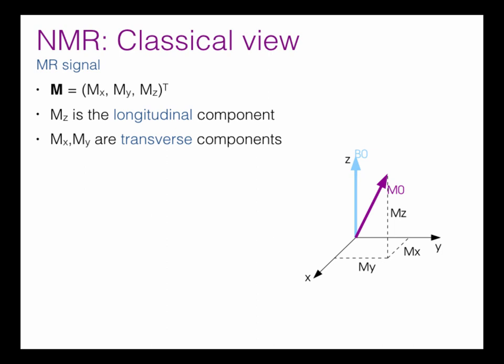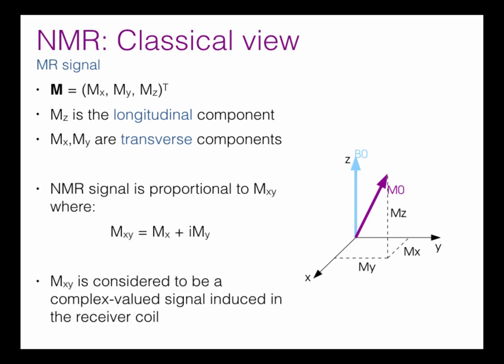Basically what happens is that the x and y components decay back towards zero by a process called T2, and the Mz component returns back to the full length by a process known as T1 relaxation. So Mz here is referred to as the longitudinal component, because it's the component along the magnetic field, and Mx and My are transverse to the main magnetic field, and they're known as transverse components.